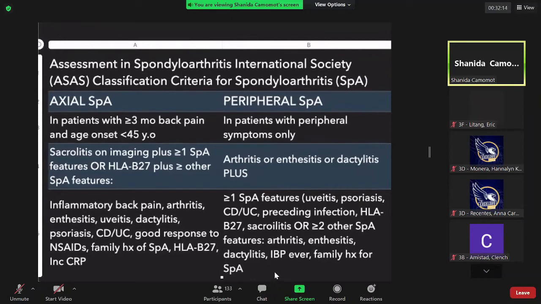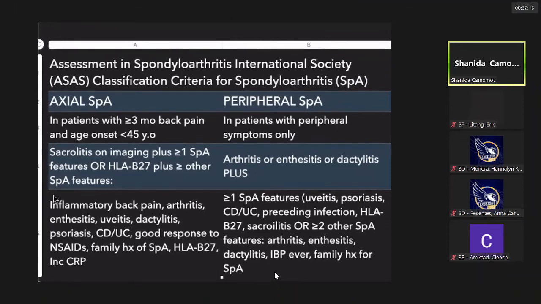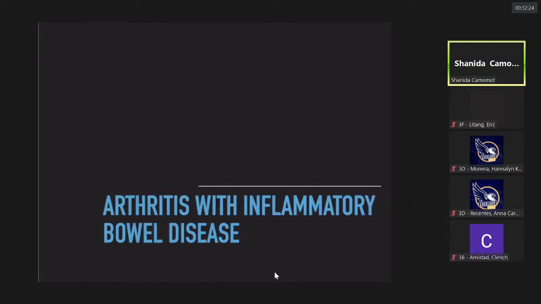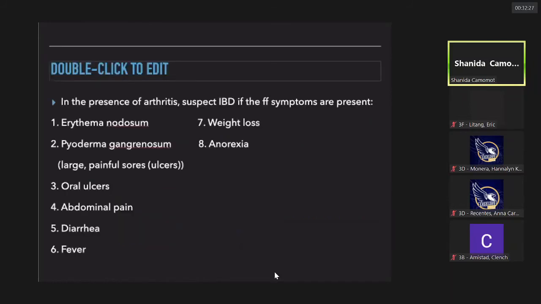This is the pre-radiographic features of spondyloarthritis. The next is arthritis with inflammatory bowel disease.